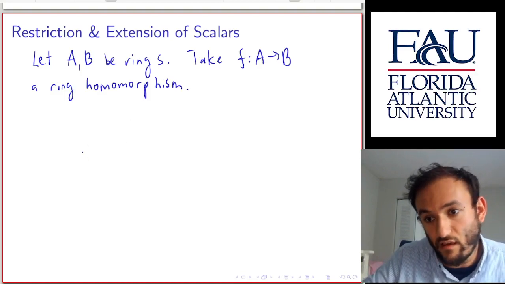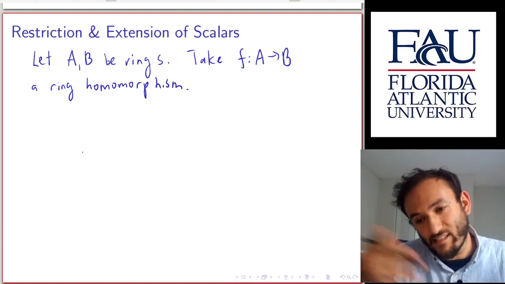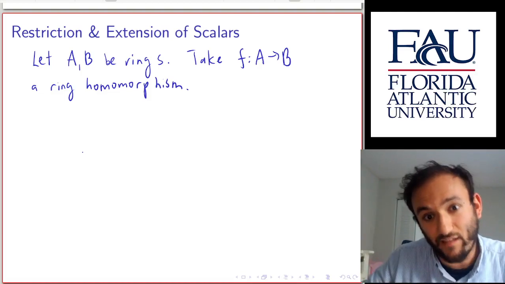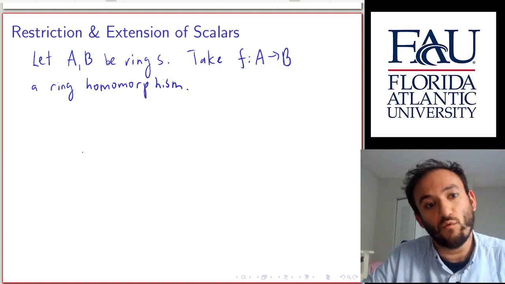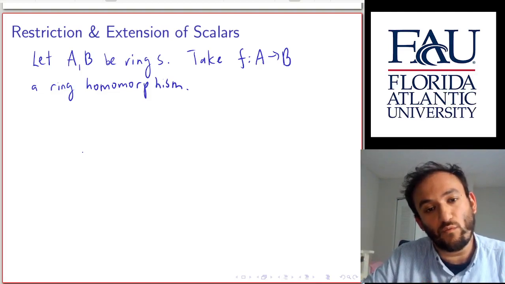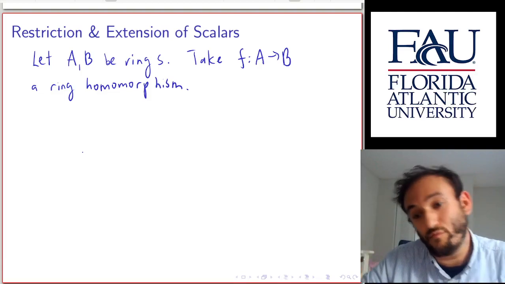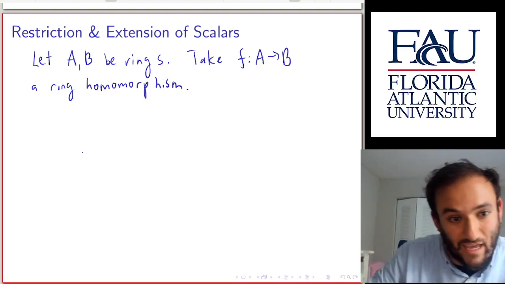As in that earlier discussion, we're going to pretend that A is the smaller ring and B is the larger ring. So when we start in A, we extend to B, or when we start in B, we restrict to A.